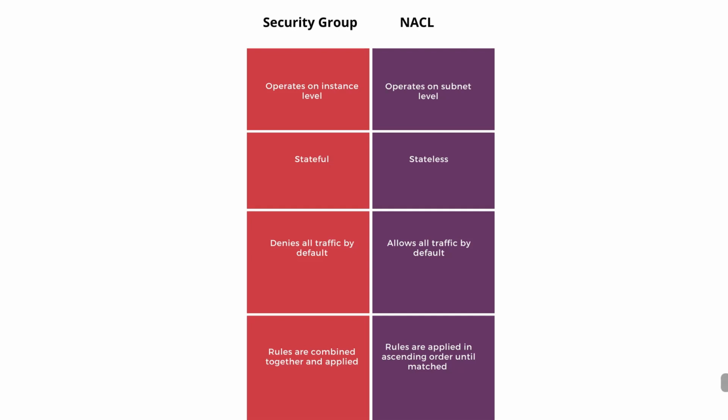And the NACL allows all the traffic by default. When we create a VPC, by default the NACL is created, and it allows all the traffic by default.